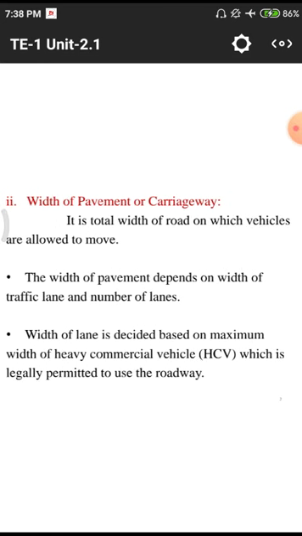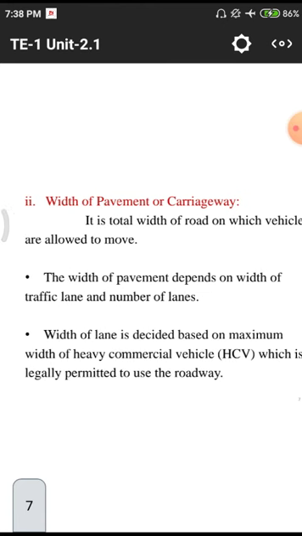The width of the pavement depends upon the width of the traffic lane or number of lanes. In the previous slides we discussed this number of lanes many times; we have national highways with n number of lanes depending upon the traffic density. If the traffic density is more, we need to construct more lanes depending upon hourly traffic demand.